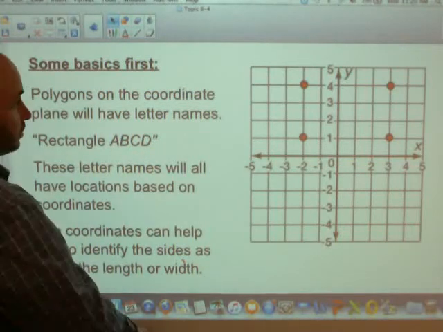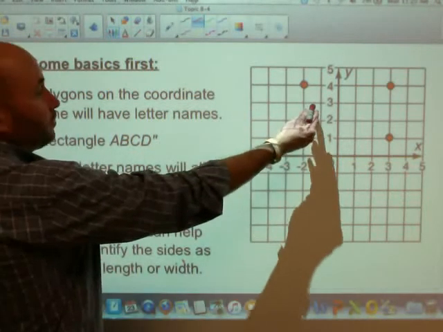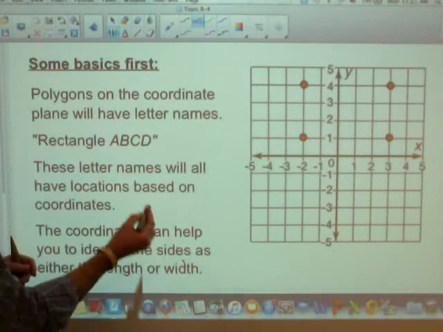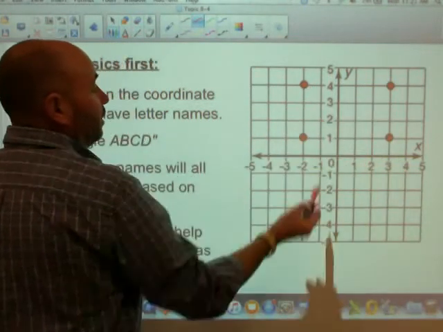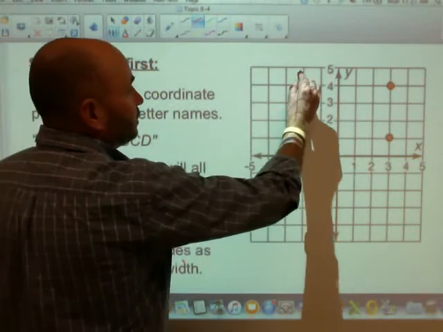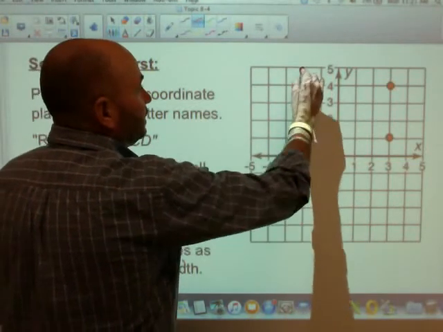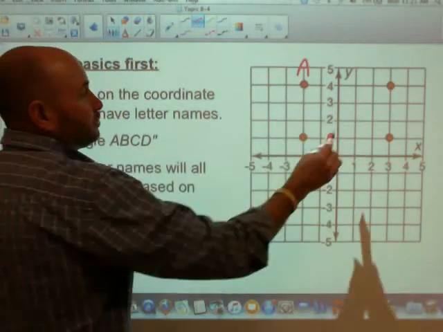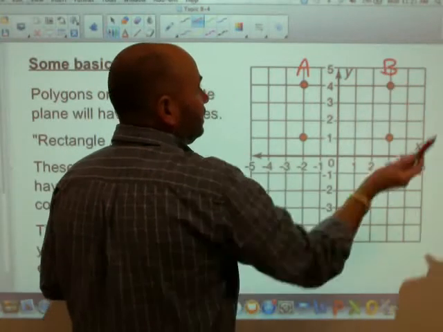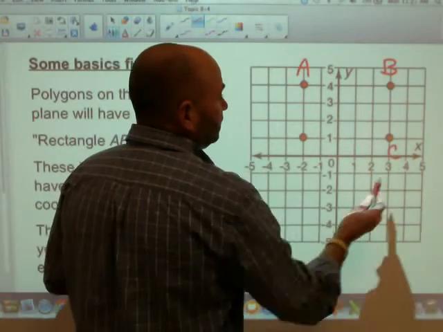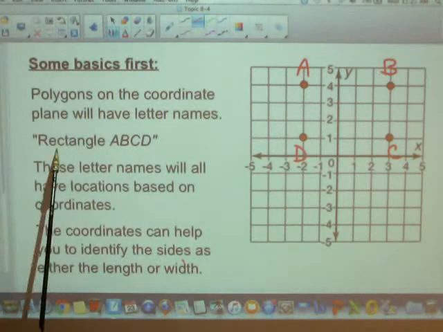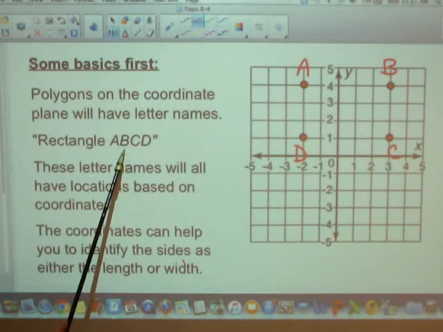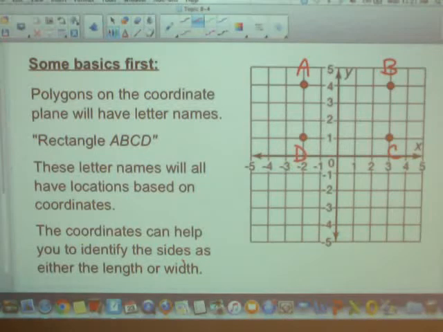So if we were to name this rectangle over here, we would name the points A, B, C, and D. So we're going to just go around the perimeter of the rectangle. This is going to be point A, this would be point B, this would be point C, and this would be point D. And that is how you get the name rectangle ABCD, okay?